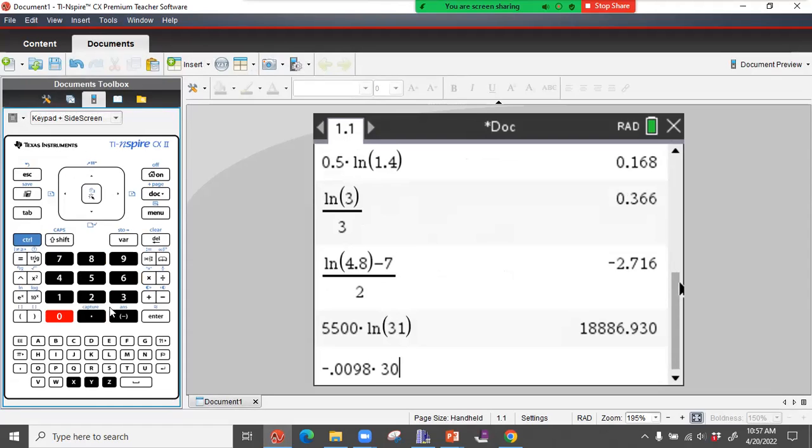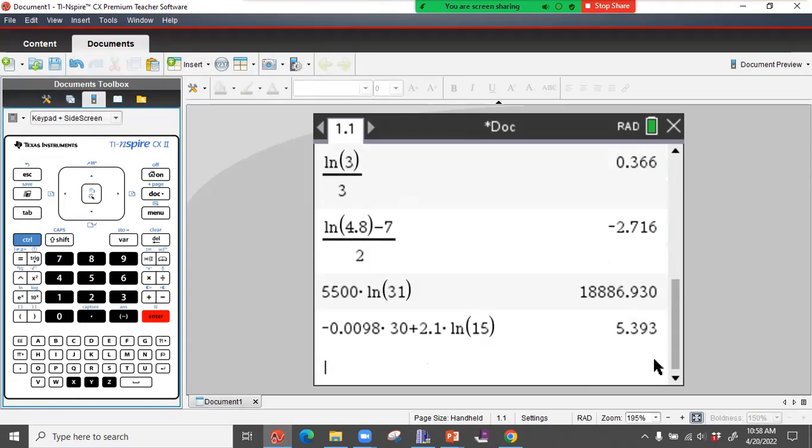Times 30. Then what? 2.1. Plus 2.1 natural log of 15, right? I hit enter and I got 5.393.